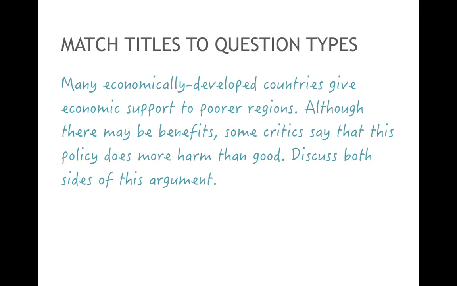There may be some benefits, but some critics say that this policy does more harm than good. So you have to discuss both sides of the argument. So this is basically a discussion question because it's asking you to discuss both sides. You can't just take one side of the argument and write just about that. You have to write about both sides.